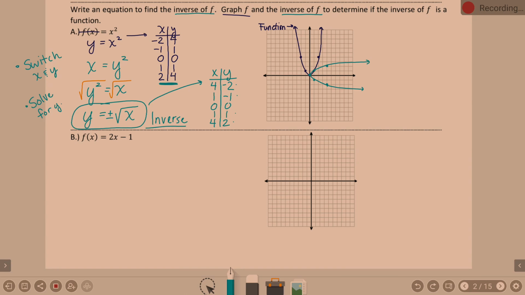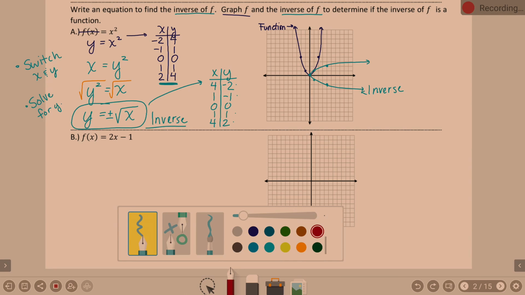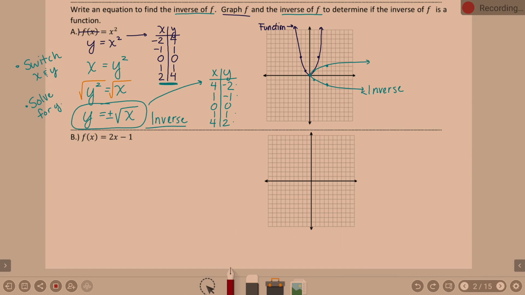Now this is our inverse. Okay, a couple of things.